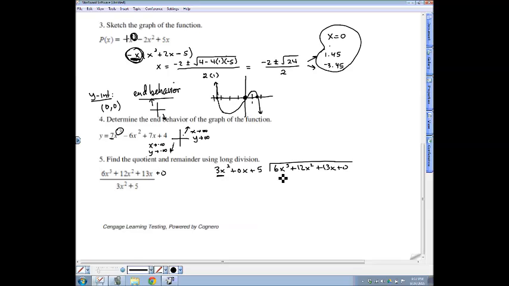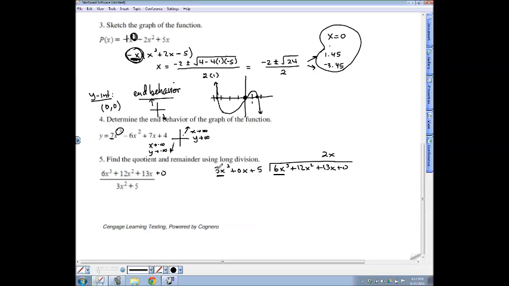Okay. Now to consider first term and first term. 3x squared divided into 6x cubed. Well, 3 goes into 6 twice. And x squared into x cubed gives you an extra x left over.